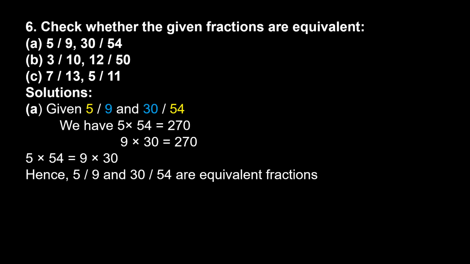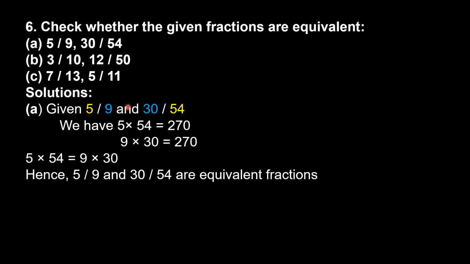Check whether the given fractions are equal. This is very easy. See, write the two fractions like this, 5 by 9 and 30 by 54. Multiply the extremes, 5 into 54, and then multiply the means, 9 into 30. If the answer is same, then they are equivalent.